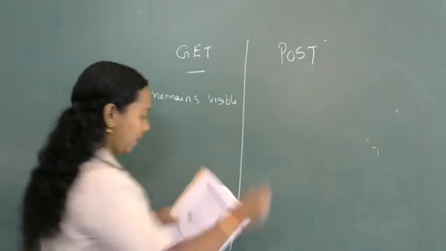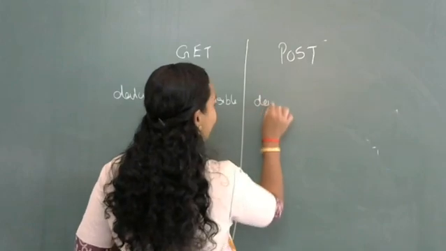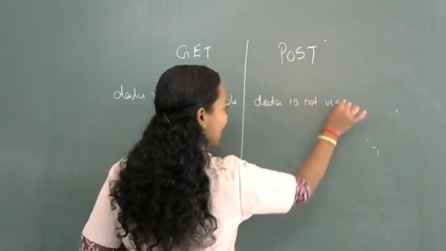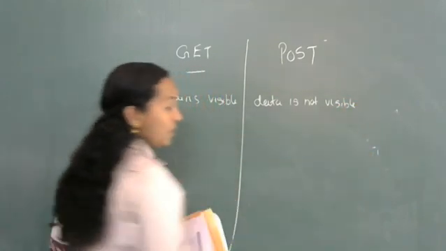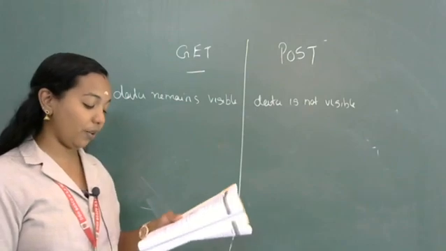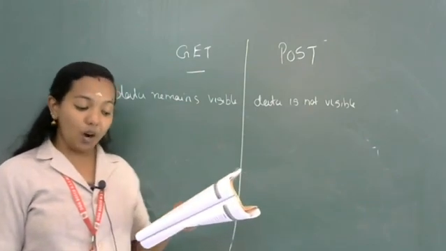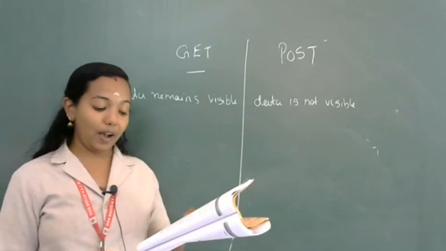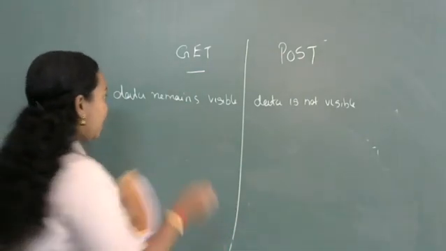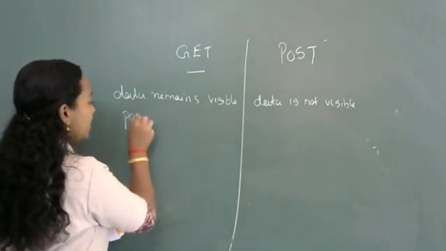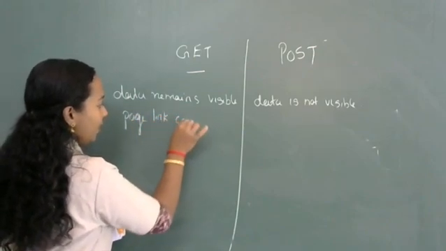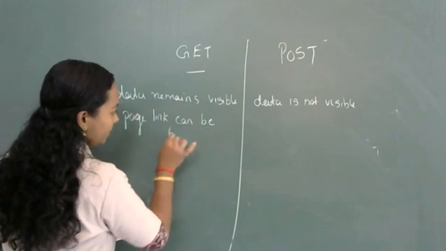But in post method, data is not visible to the user and it is not a part of the address bar, as the content is passed to the script as an input file. Second one is page link can be bookmarked.